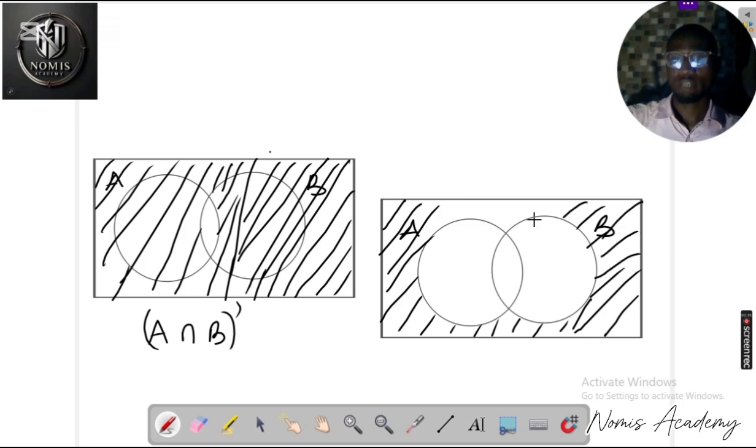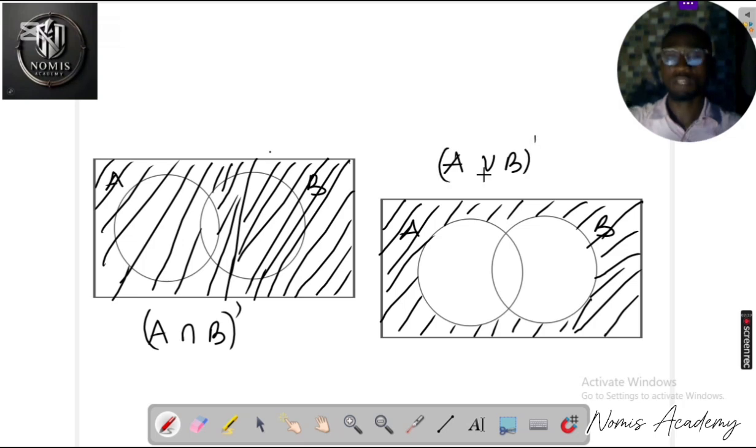Don't mind my handwriting. So this is A union B complement.